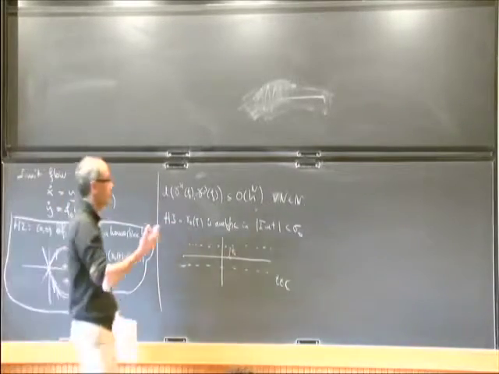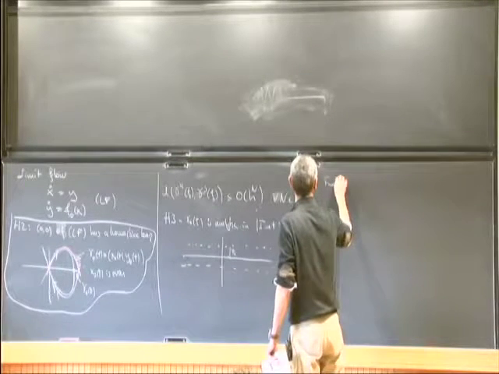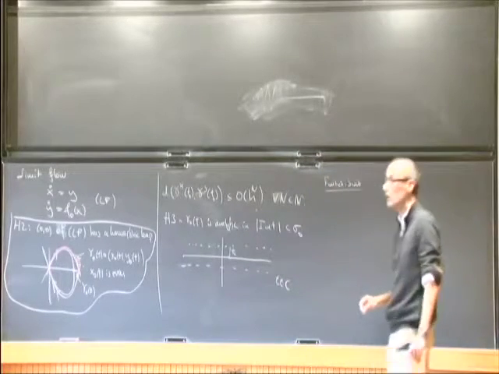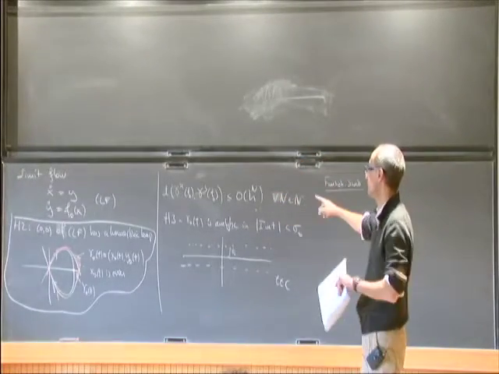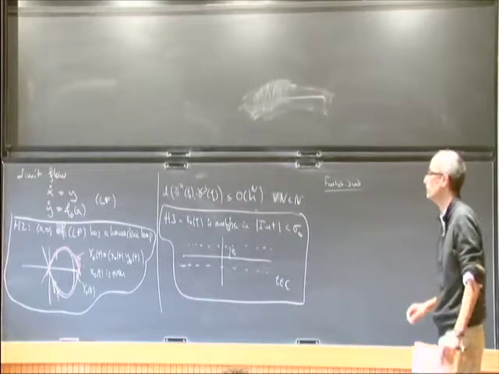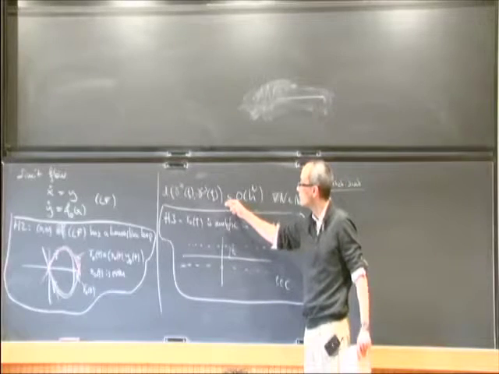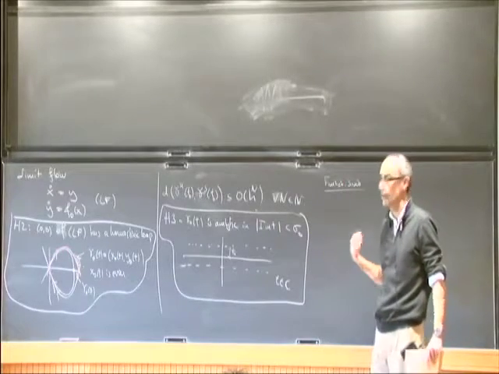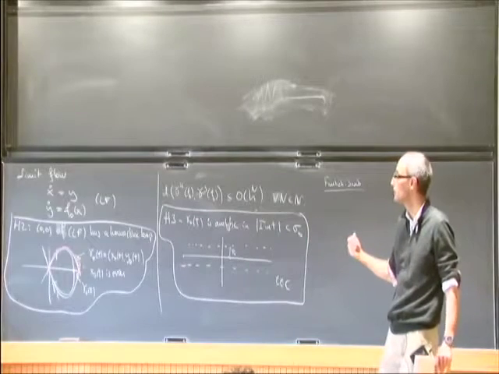Then there is a classic result from the 90s, from Dick Simon. They prove that under hypotheses H1, H2, and H3, this distance is not only of this order, but in fact bounded by something that is exponentially small in h.